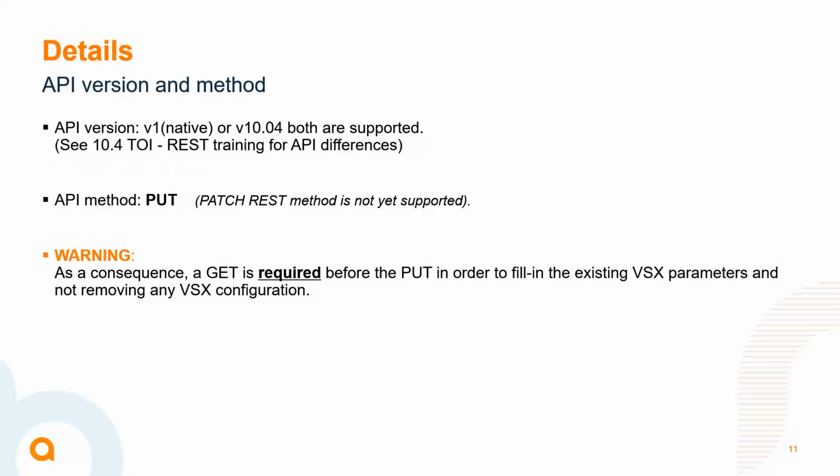I decided to use 10.04 for the demonstration, because all the REST training for the API are on 10.4, so that's why I use 10.4, and you have a complete TOI in 10.4 for those API differences, if this is something useful for you.